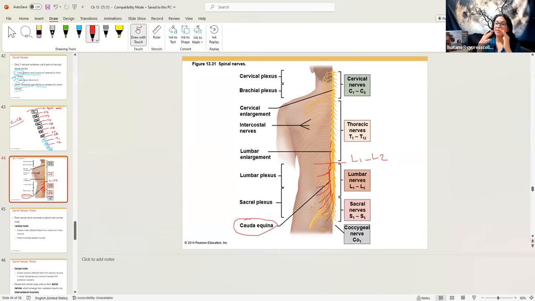So this horse tail, or cauda equina, which is the collection of the lumbar and sacral spinal nerves, is going to be found inside the vertebral canal after we no longer have the spinal cord, and the spinal cord has ended at the level of L1 or L2. Okay, do you have any questions?